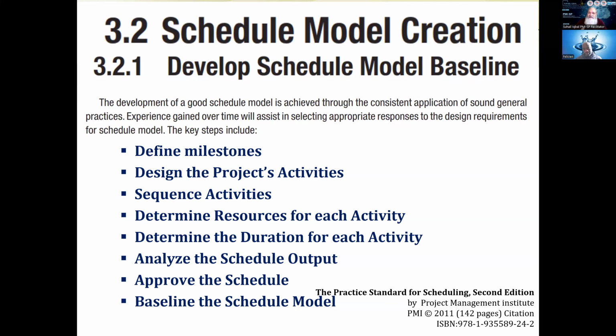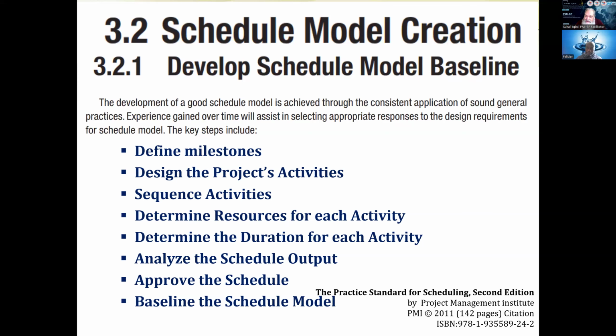So after sequencing has been done, we start loading those durations and resources onto the network diagram, and that is when it is possible to calculate the critical path. You understand my point? Yes, sir.